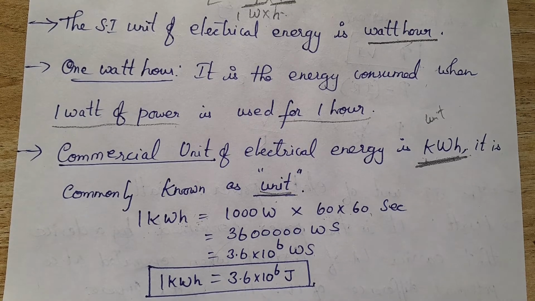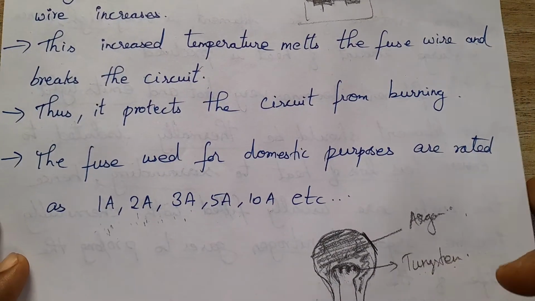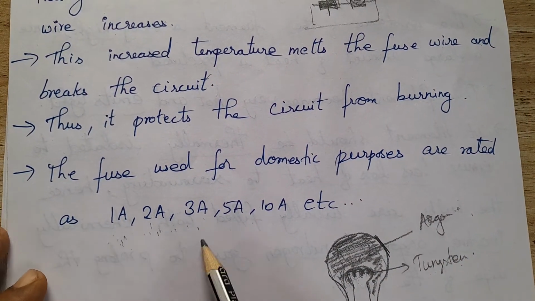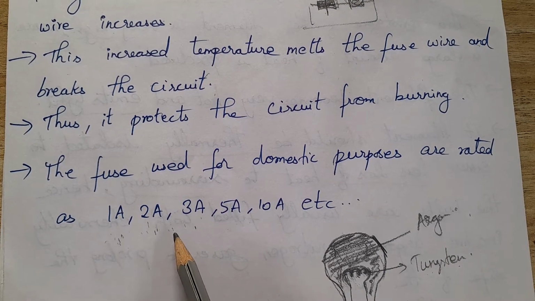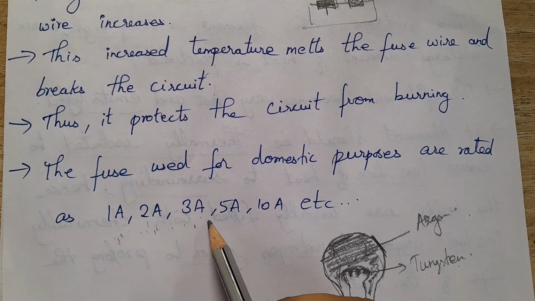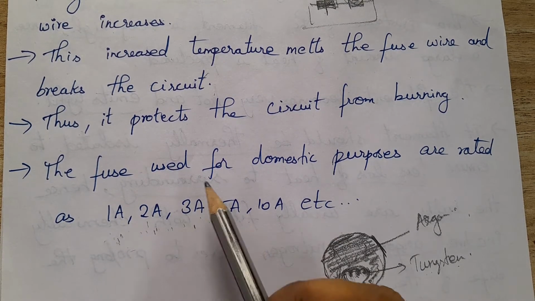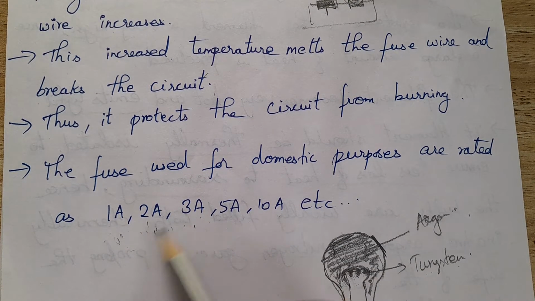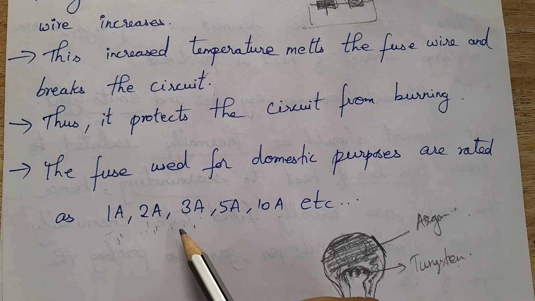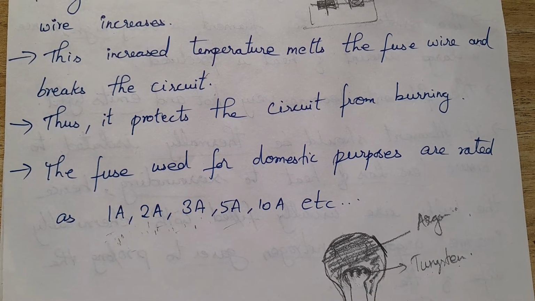Okay, so last class I told you about which rating of fuse we will be using for domestic or commercial use. Usually it is rated as 1 amp, 2 amps, 3 amps, 5 amps, 10 amps, like that.